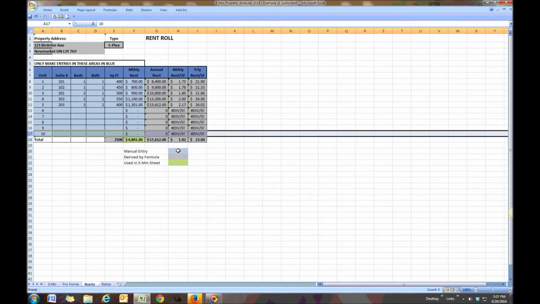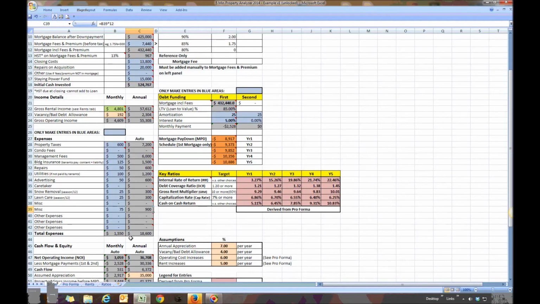And again, the blue is where you manually enter, the gray is left alone and used by the system to show you results. So again, we go back to the 5-minute, remembering 4801, we go back here and we see that's where this number was derived from. Now, every rental has its problems, and you should allow for a certain vacancy rate and bad debt allowance.